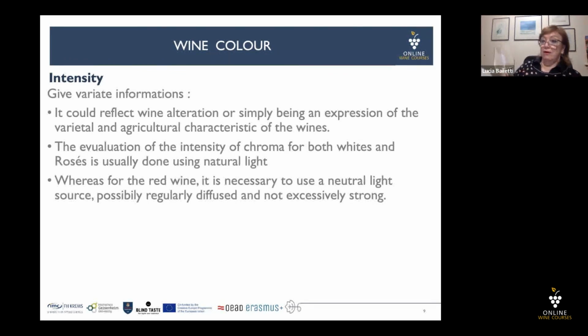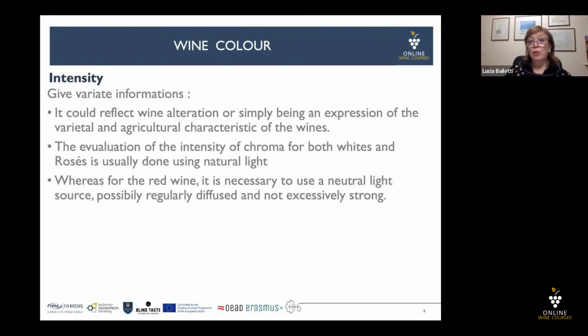with your glass, like this, and you can analyze the intensity of the color.